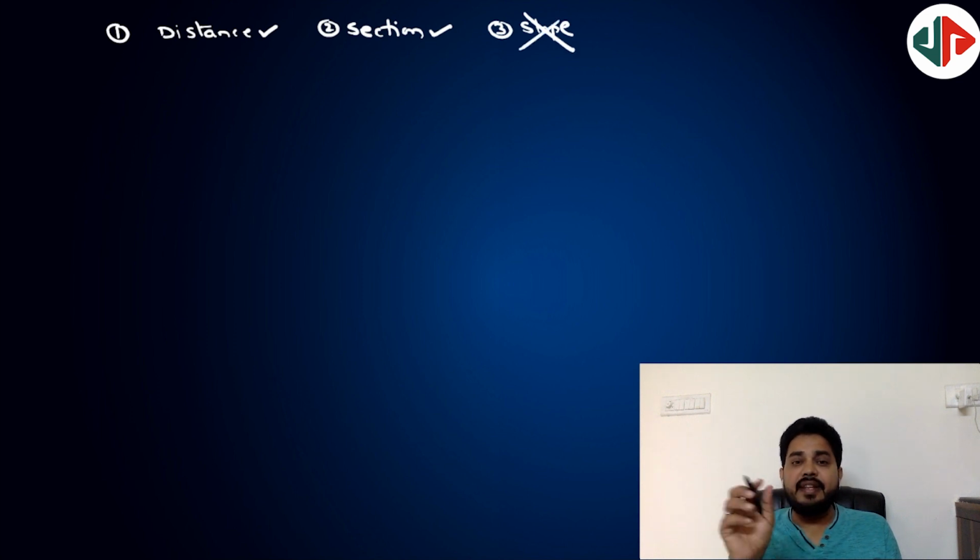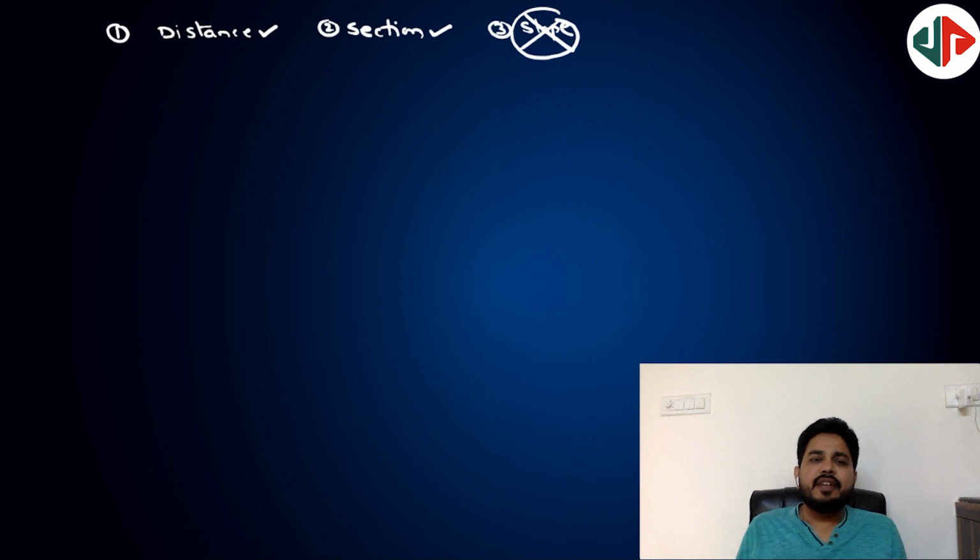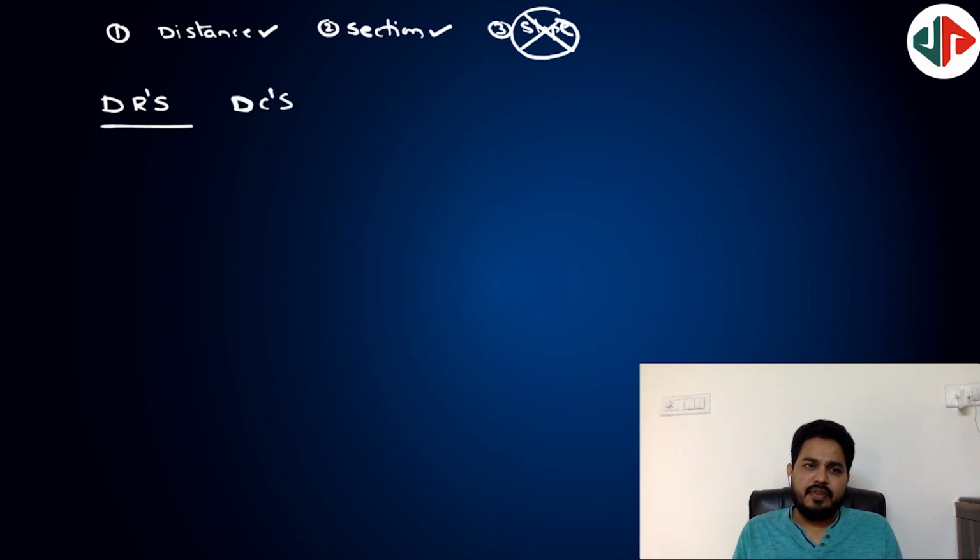You cannot find the slope of the line. When you cannot find the slope, what is the replacement for this? That is direction ratios and direction cosines.